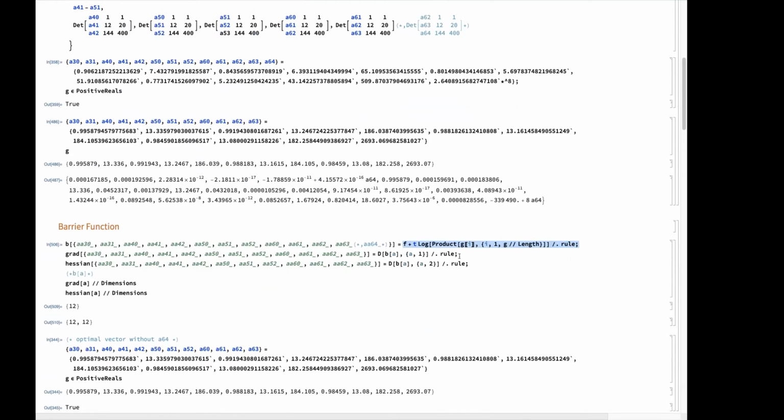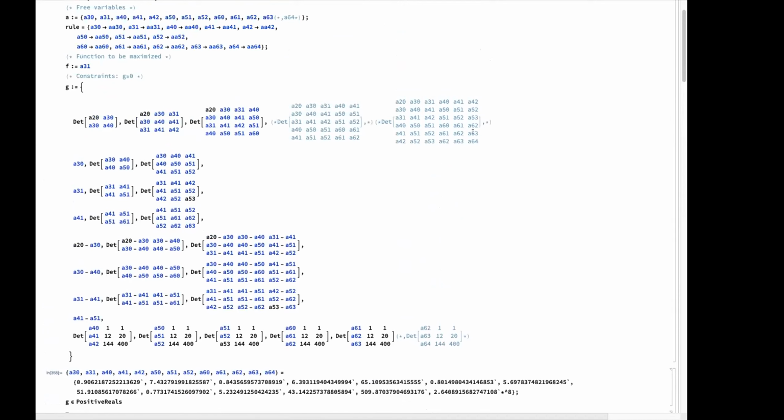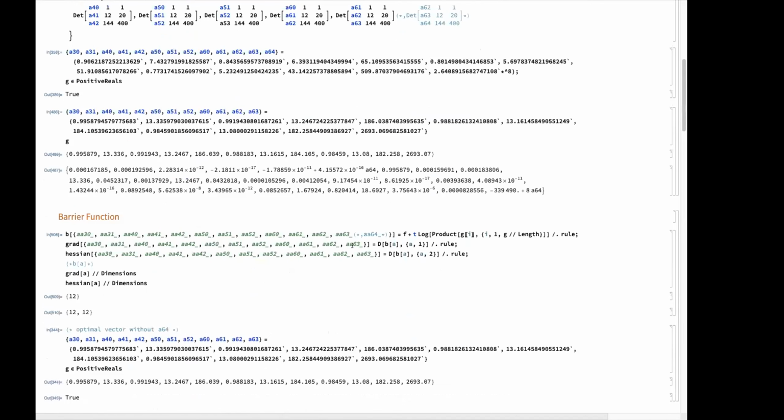It won't converge to a point that maximizes this function. So if we introduce A64, my method simply doesn't work.